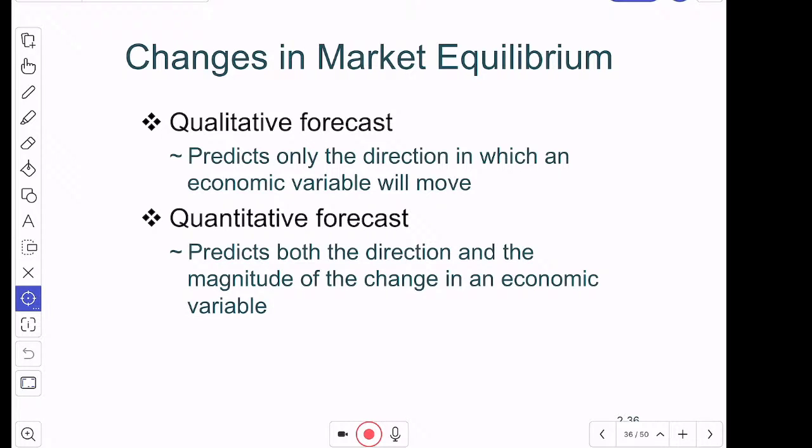We speak about equilibrium and then adjustments to equilibrium as a result of changes, shocks impacting supply and demand curves. And we talked about variables that could do such a thing as shifting either the demand or supply curve.